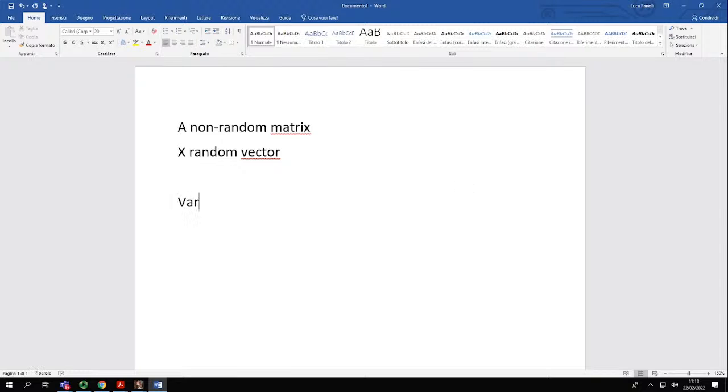When you have to compute the variance of A times X, come back to the scalar case: A is a real number, X is a random variable. What you typically do is shift A outside the variance, squared, because it's a variance. Now I'm going to generalize that, and the sandwich rule says this is equal to matrix A times the variance of the random variable X, times the matrix A transpose.